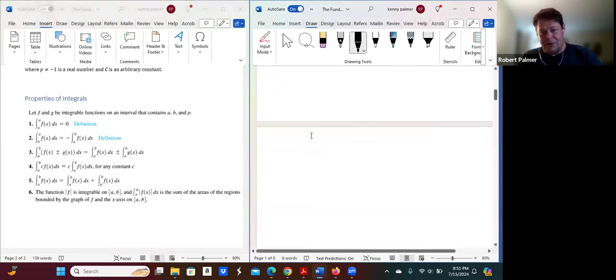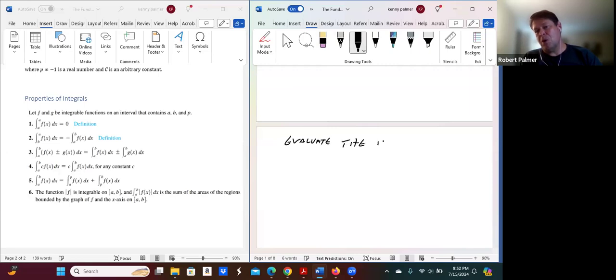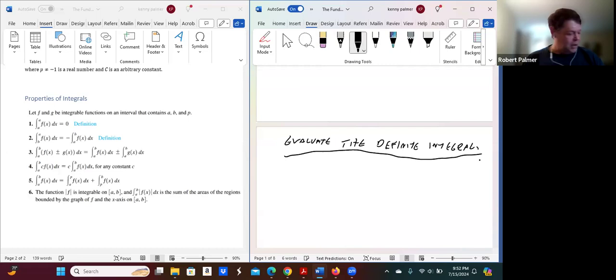And I'll just start a new page. Let's say I want to find, or let's also say evaluate, a definite integral. So let's start off with some basic ones to begin with.